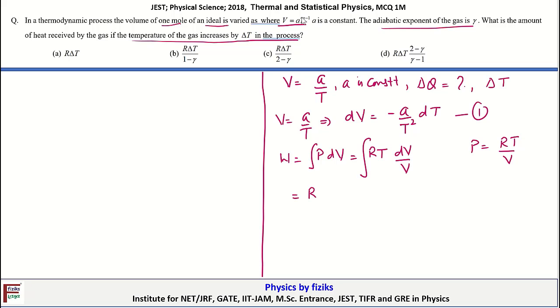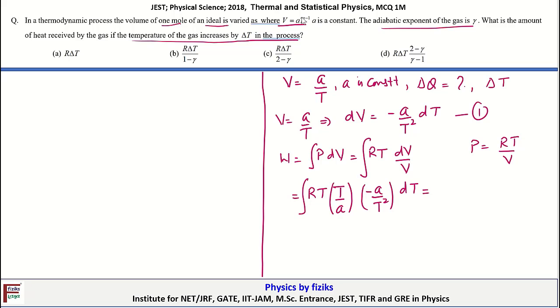Okay, now RT as it is, and then I'm going to substitute the value of V and dV from equation 1. So RT into 1 by V means T by A, and then dV is equal to minus A upon T square dT.